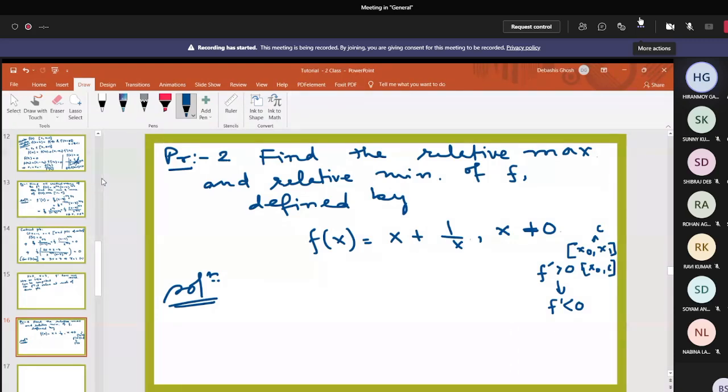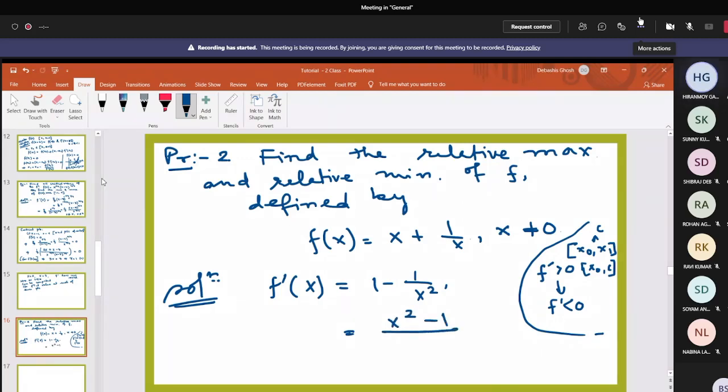So by that criteria we just verify this. If you have f dash x, its derivative is 1 minus 1 by x square, and this function also does not exist for x equals 0. So we have x square minus 1 by x square, not defined for x equals 0.